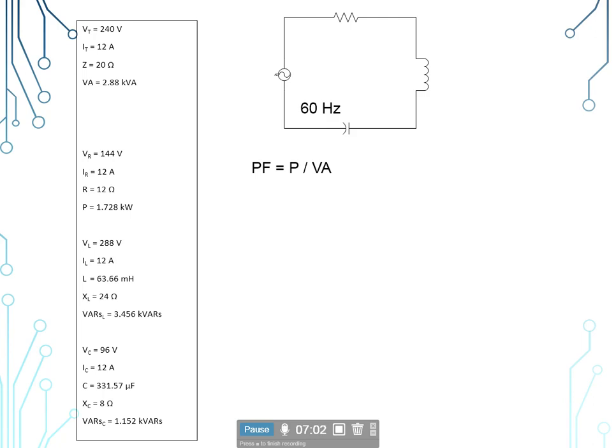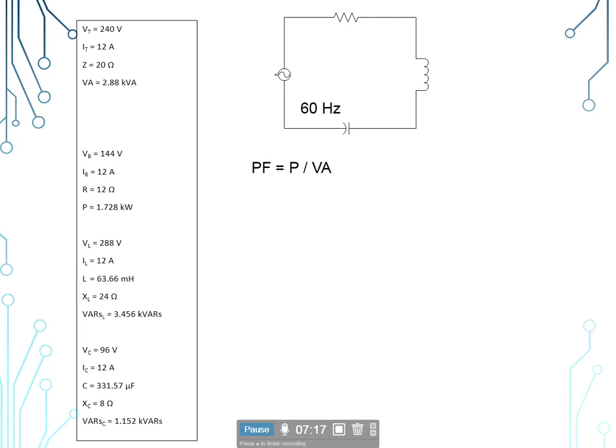Now we're going to look for our power factor and our angle theta. Our power factor is the ratio of true power to apparent power. So our power factor is equal to our power divided by our apparent power.